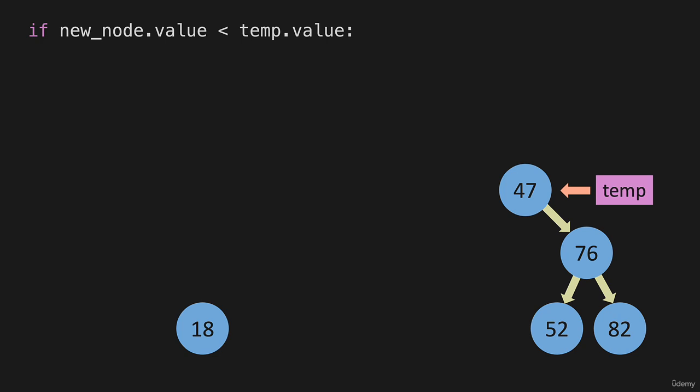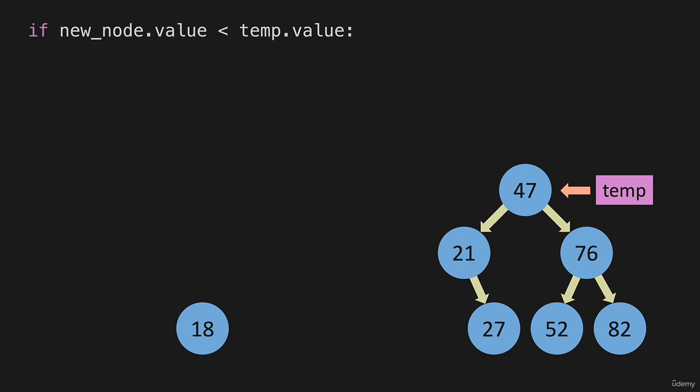So this if statement at the top, we're saying if new node dot value is less than temp dot value, and in this case it is. So that means we know we're going to go left, but there are two ways we can go left. Either that spot is open like this, in which case we're going to place that node.